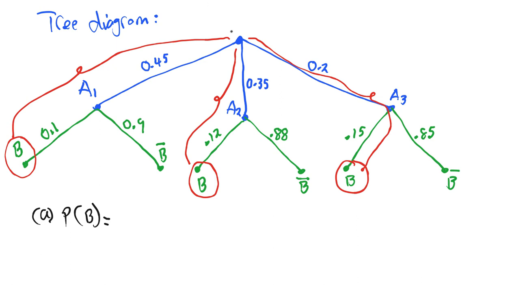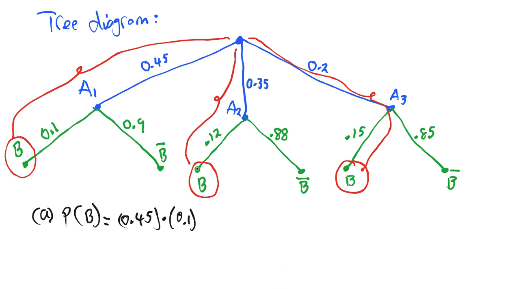So there are 3 ways I can end in a B. The first way is by going along this branch and along this branch. And every time there's an and, you multiply. So it's 0.45 times 0.1.